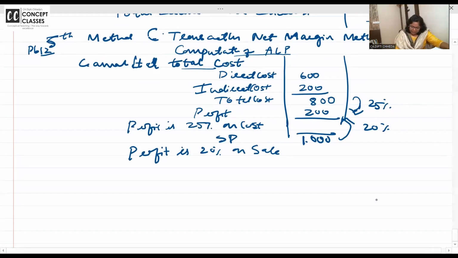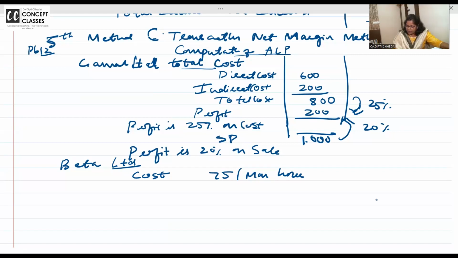अब हमारी स्टोरी ले लो, Beta Limited. हमारा कॉस्ट कितना है. 75 per man hour in Singapore dollars. और बिलिंग, सेलिंग प्राइस या बिलिंग जिसको बोलते हैं, वो कितना है हमारा, 90.75 per man hour.